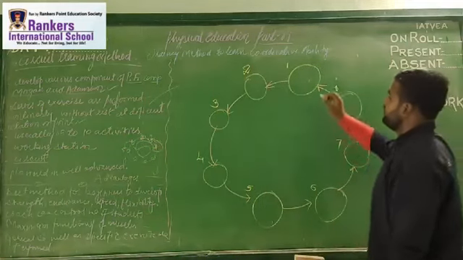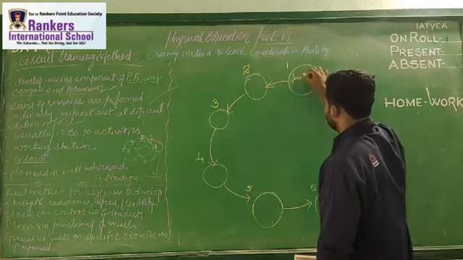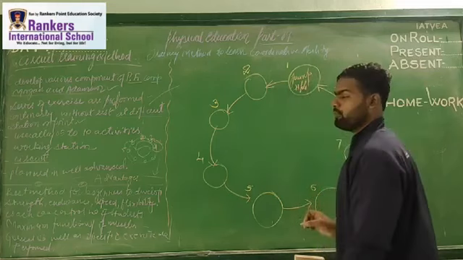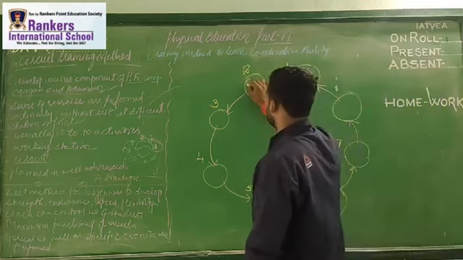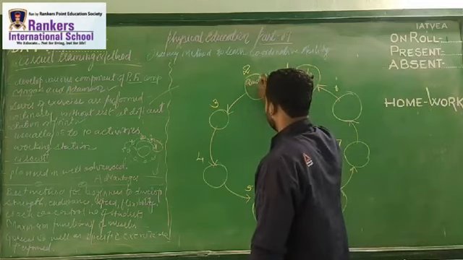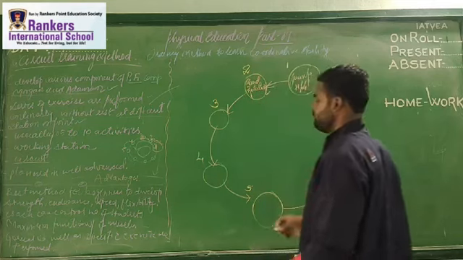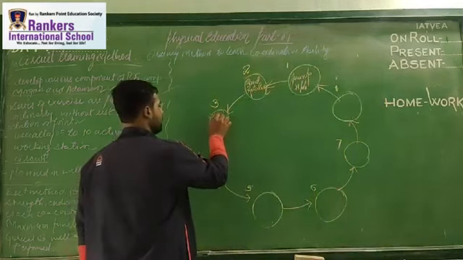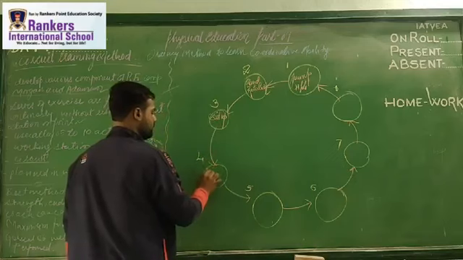So let's say I'm writing here. First is jump, that is high as well as low. Second is hand rotation. Now next we're going to take sit-ups. Next is push-ups.